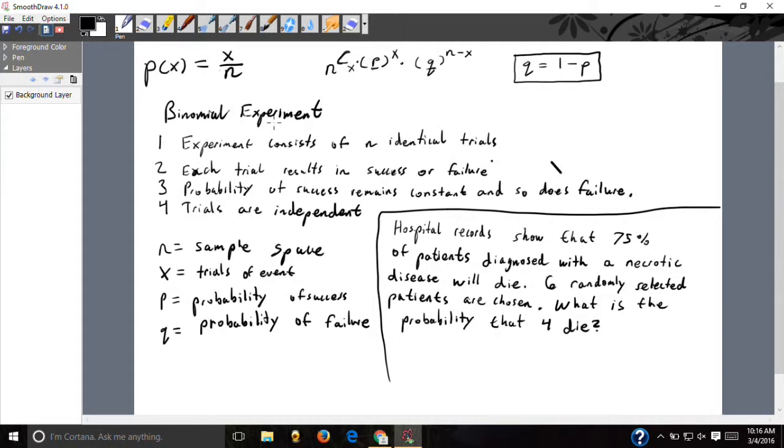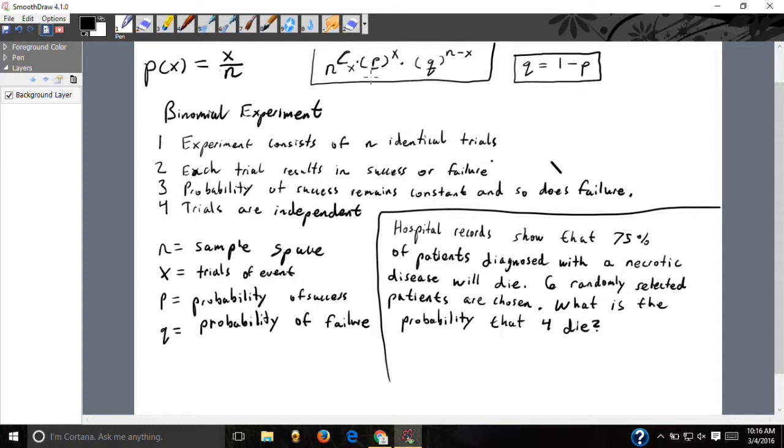So we're given this equation right here, and to read it, it states that for a binomial random variable, the probability of obtaining x successes in n trials is nCx, which states a combination, because we're accounting for all the possible ways of obtaining those x successes in this n total sample space.